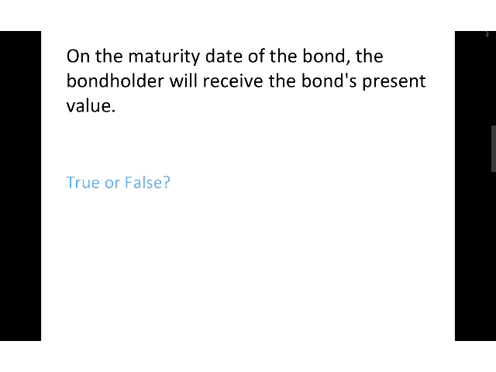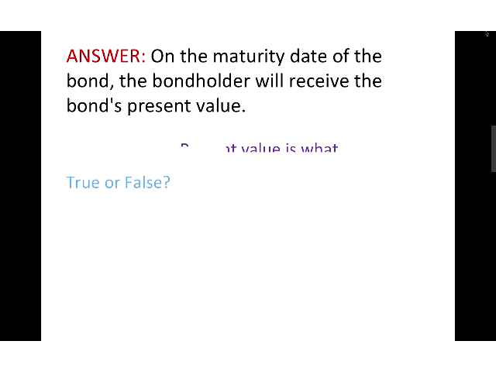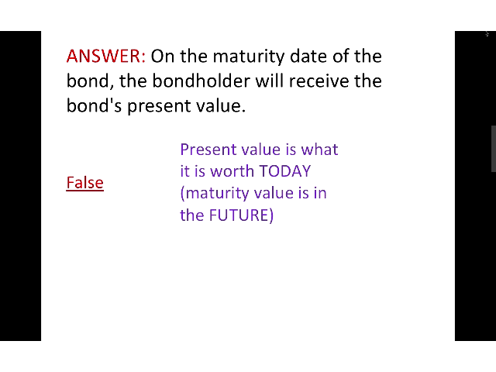Okay. The answer here is false. And let's talk about why. Present value is what it's worth today. Maturity value is in the future. So let's go back to the dollar and the $1.05. Let's say we have $1 and we're going to invest it at 5% interest for a year.